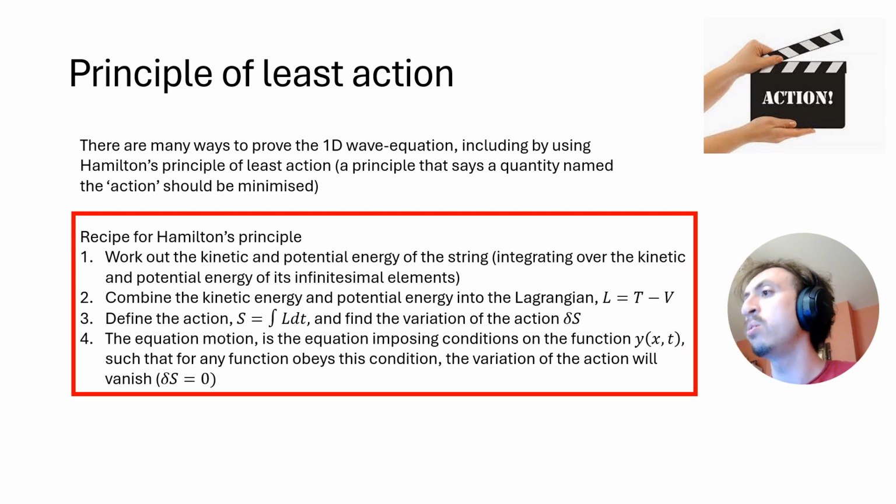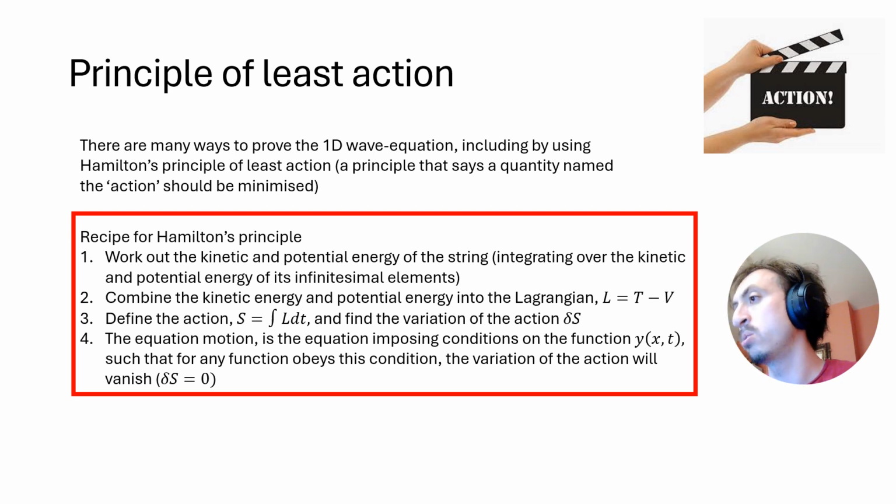And the evolution of the string is given in terms of a function called y, which describes how at each point in the string there will be a displacement of the string from its natural position, and y also tells us how this displacement at a particular point will vary with time. And it tells us this for all points along the string, so y contains all the information we need to describe the wave and the motion of the string technically forever.